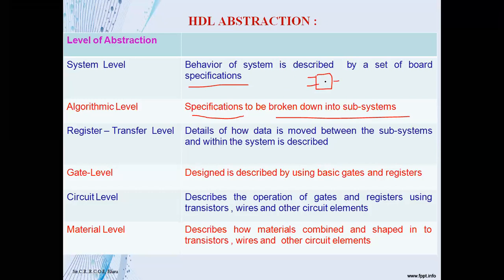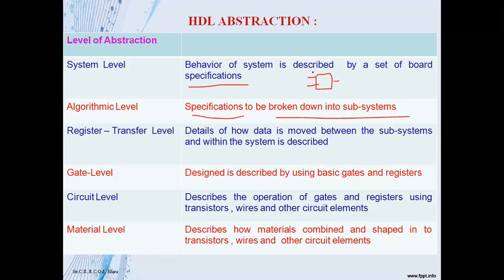So the CPU of a computer will have specifications: the size of the address bus, the size of data, the speed of the CPU. These are all system level specifications for this CPU of a computer. Now at the algorithmic level, the specifications of the system level are broken down into subsystems.